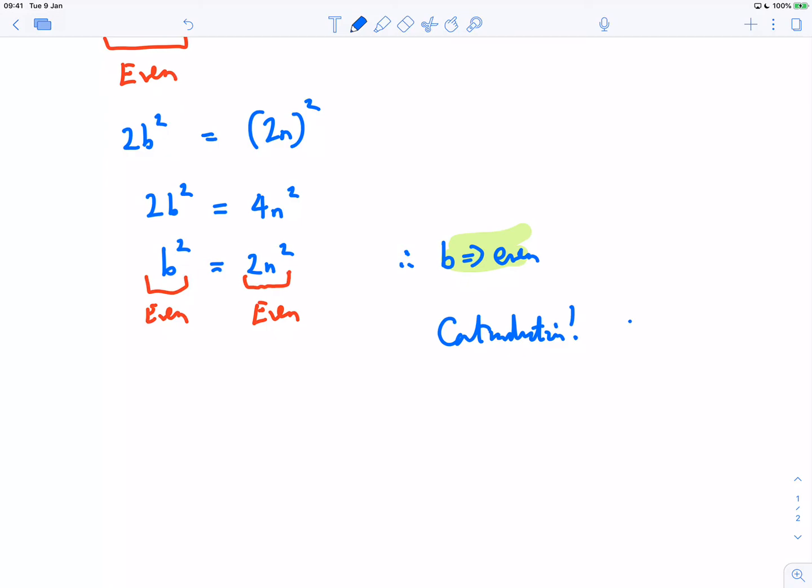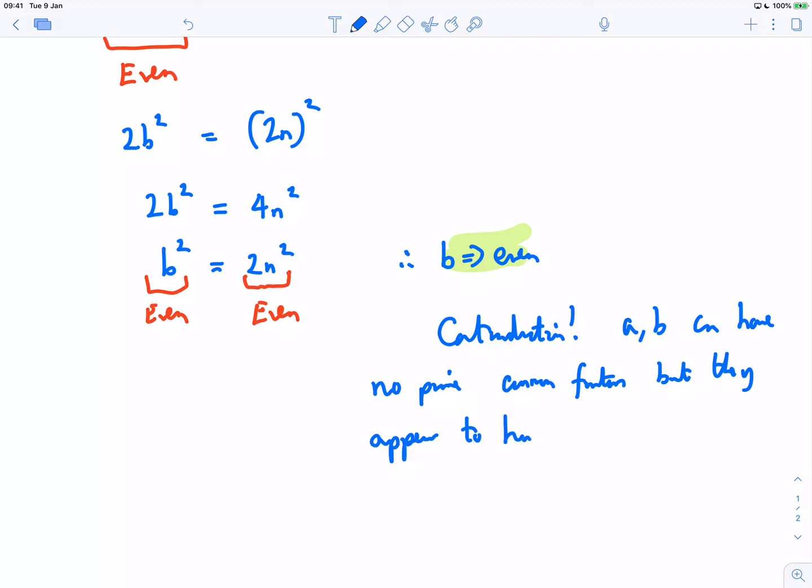So, this contradiction, a and b can have no common factors, or should I say no prime common factors, but they appear to have a common factor of 2.